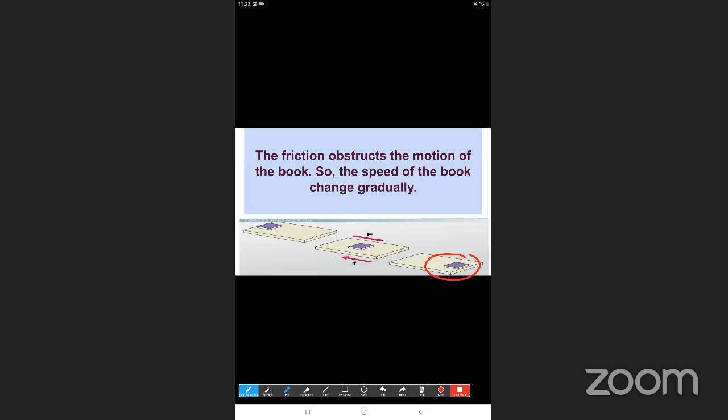The friction obstructs the motion of the book. So the speed of the book changes gradually. That's why the book has stopped after some time.